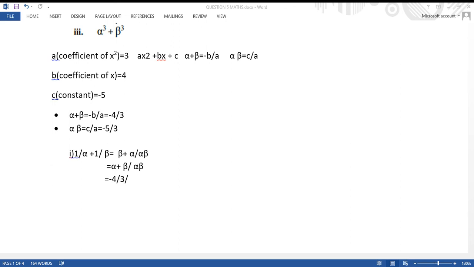Okay, I understand. So remember, that's what you should do whenever you're solving these roots of the equation, right? If there are no questions, I can move on to the next one.